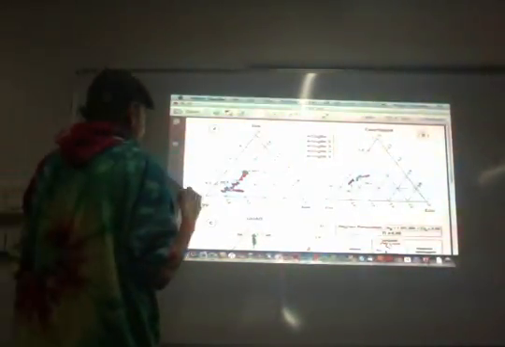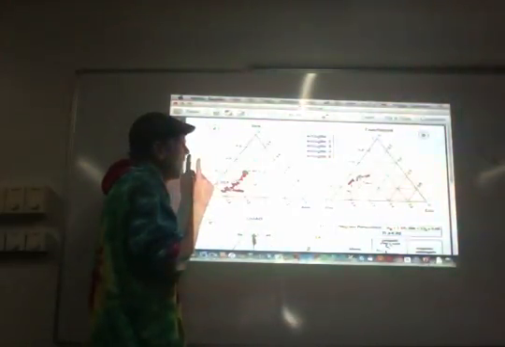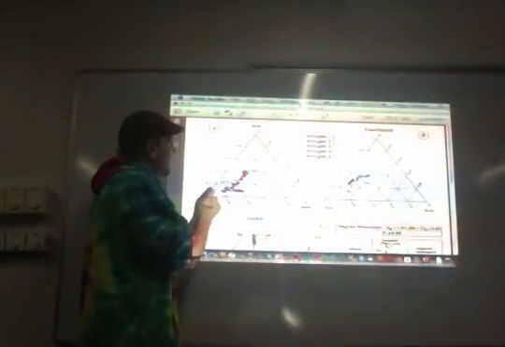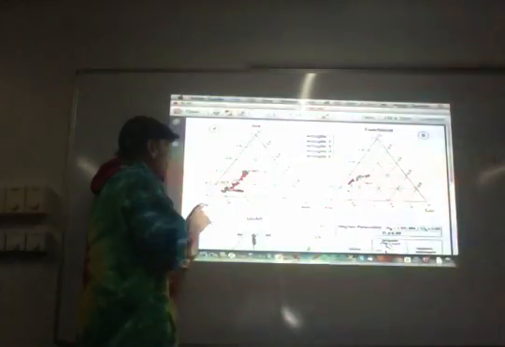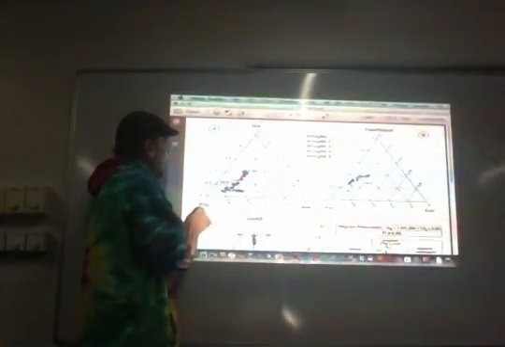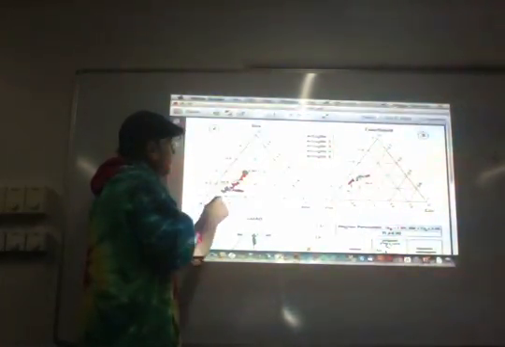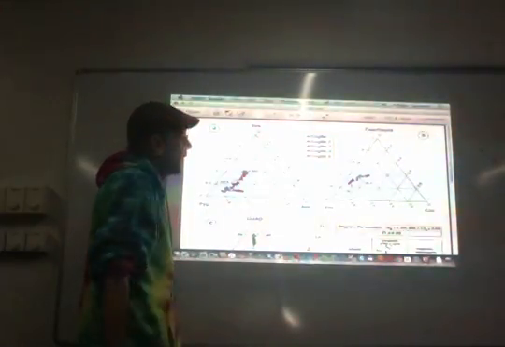Therefore, there is mantle metasomatism. We are heating up our garnet crystals. When we heat them up, they become more rich in pyrope, and that is this array.